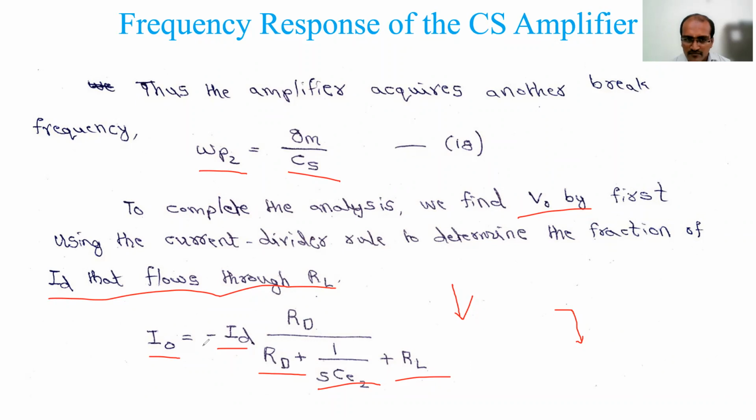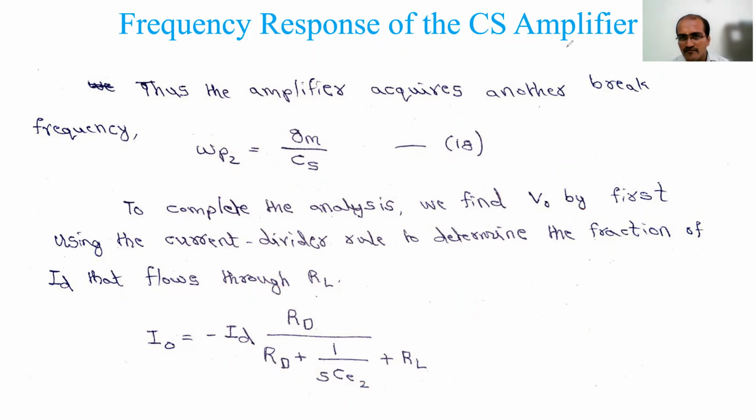So what you will get is same as the first equation: ID into this, you will get RD SCC2 in the numerator, divided by RD plus RL into SCC2 plus 1. So you have to divide now by RD plus RL CC2. When you do that, you will get equation number 19 now.